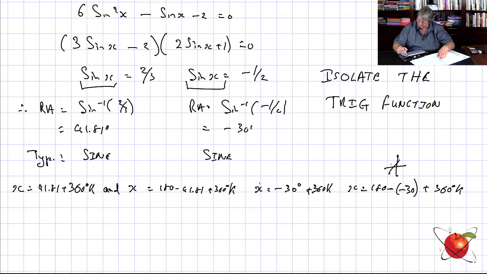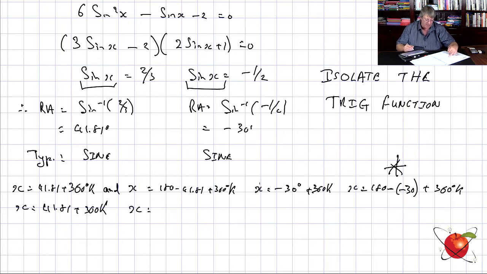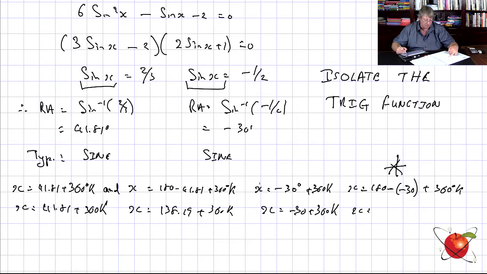Can you see there? It's a negative angle, so we end up with x equals 41.81 plus 360k, x equals 138.19 plus 360k, x equals minus 30 plus 360k, and x equals 210 plus 360k.